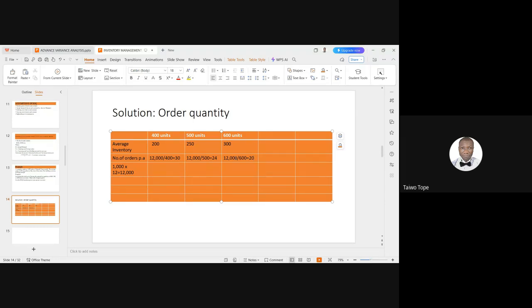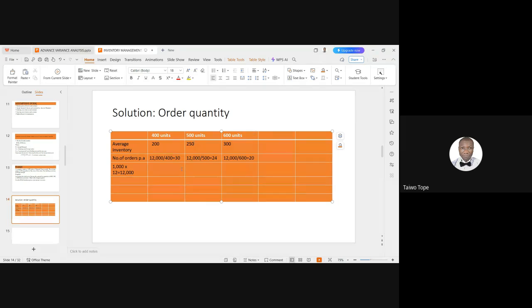Now, how do you get your average inventory? It is the order quantity divided by 2. The order quantity here is 400 units. When you divide by 2, you have 200. You get your average inventory. Order quantity is 500 units in that order.